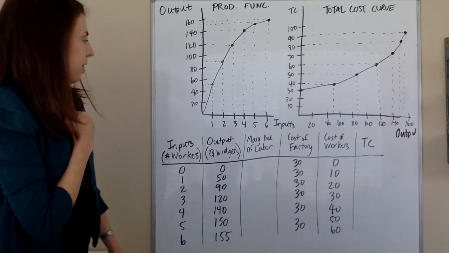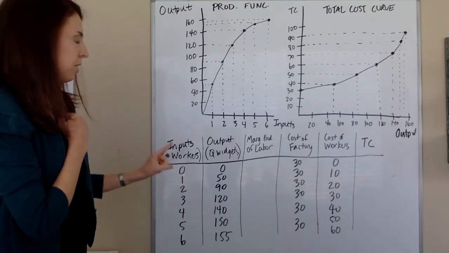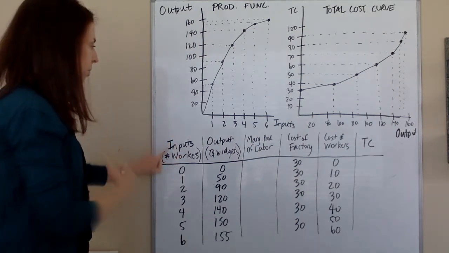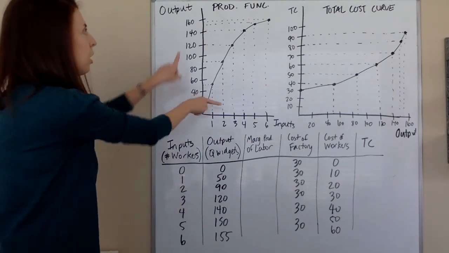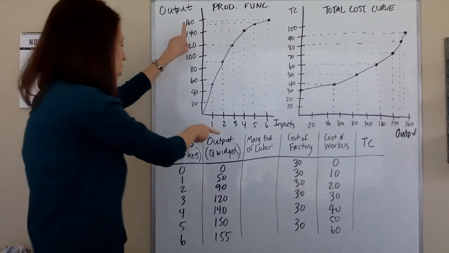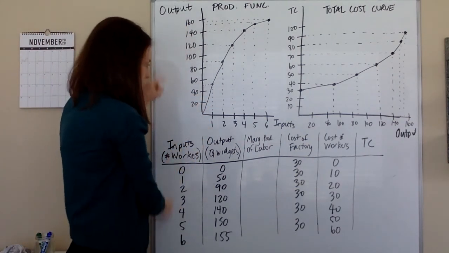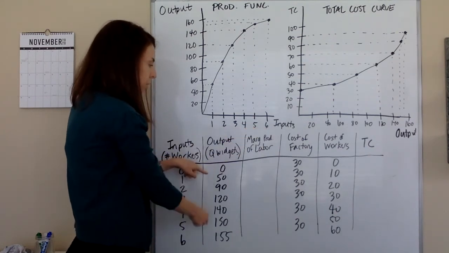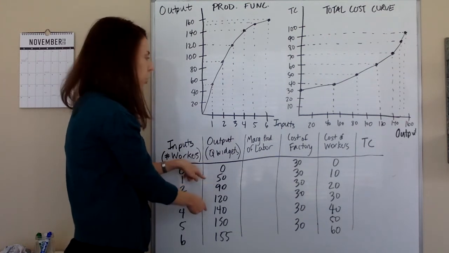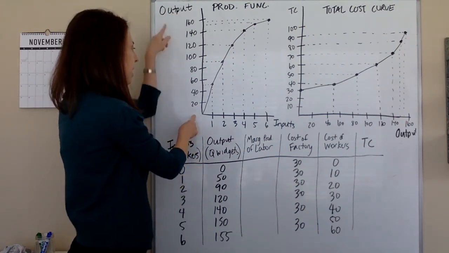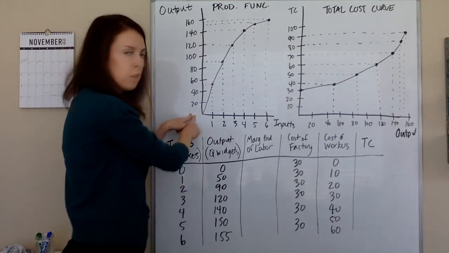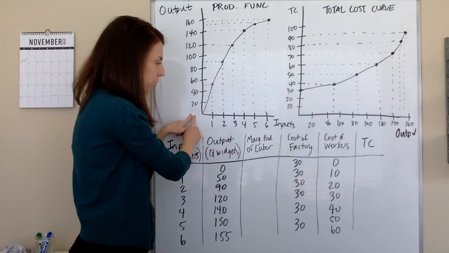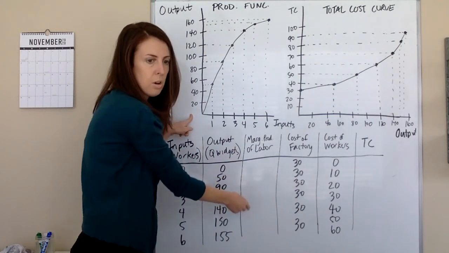Okay, the first thing to note is that inputs and outputs are what we plot to generate the production function. Inputs are the values along the horizontal axis here. The number of units that are produced, outputs, are the numbers along the vertical axis here. Okay, the first thing that I would like you to do is figure out the numbers that need to go in this next column.